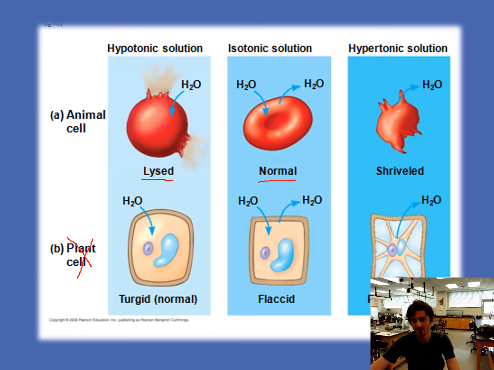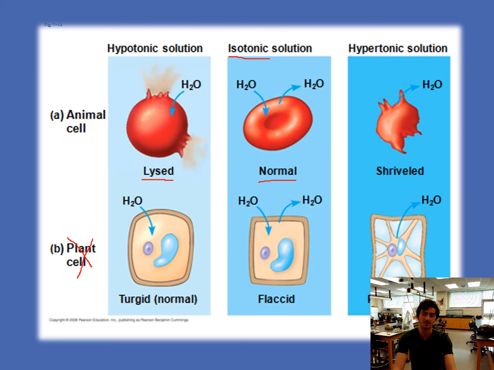This looks like a normal blood cell. When there's an equal concentration of solutes on either side of a cell, inside and outside, we consider that an isotonic solution.